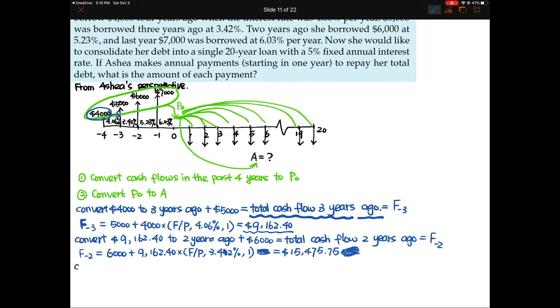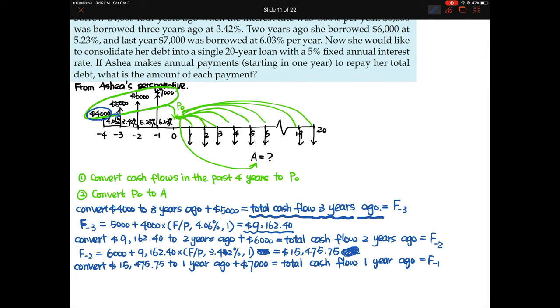Okay, so convert this 15,475 cents to 1 year ago plus the 7,000 already happened at 1 year ago. That's your total cash flow 1 year ago. You can label it as F minus 1.